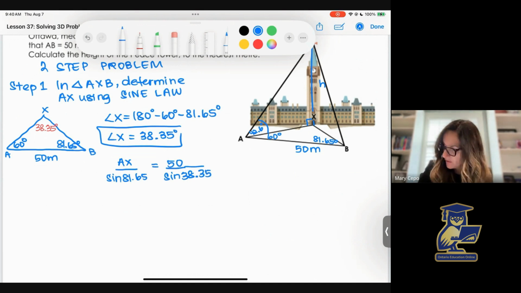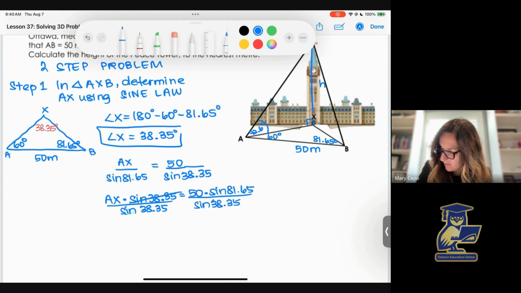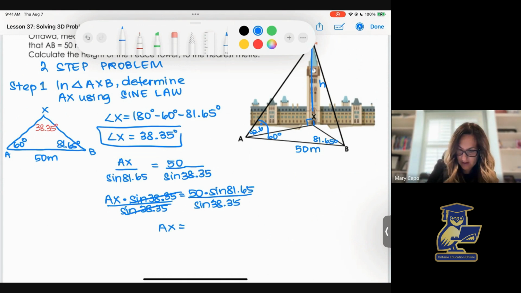Okay, so now cross multiplying and solving, we're going to say AX times sine of 38.35 is 50 times sine of 81.65. So AX is equal to 50 times sine of 81.65.